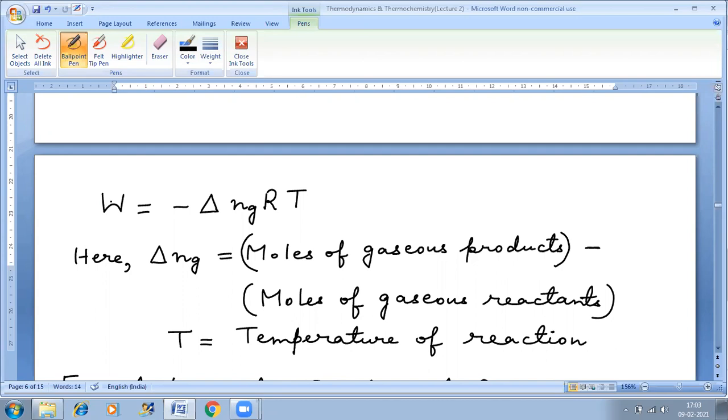W is minus delta Ng RT, where R is again 8.314 joule per mole Kelvin, and T is the temperature of the reaction.